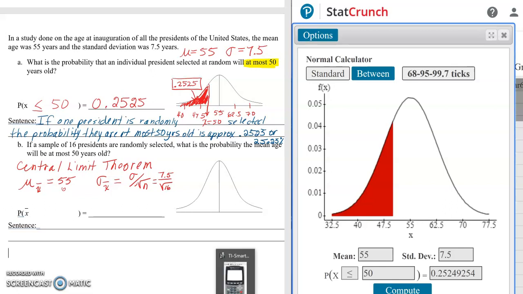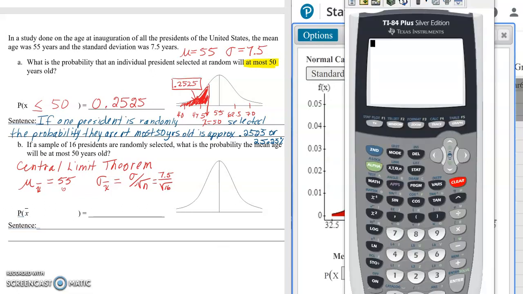Let's use our calculator. We take 7.5, then divide it by the square root of 16, and hit enter, and that's going to be 1.875.